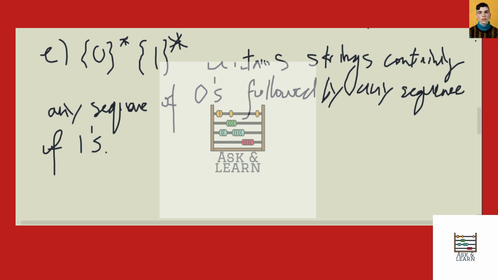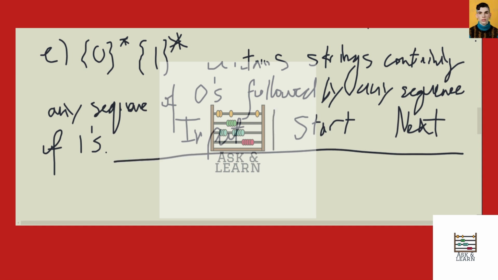And once again, I'll draw a table. So the column on the left is the input, and then next to that, the start state, and next to that, the next state. And there's a few different cases to consider here, but I'm going to pick a case that shows that in general, a string from this set is not going to be recognized.